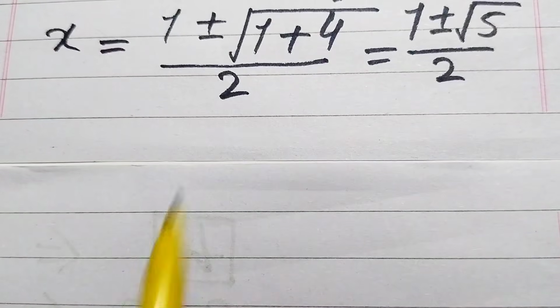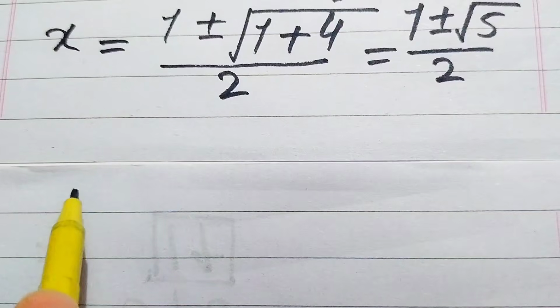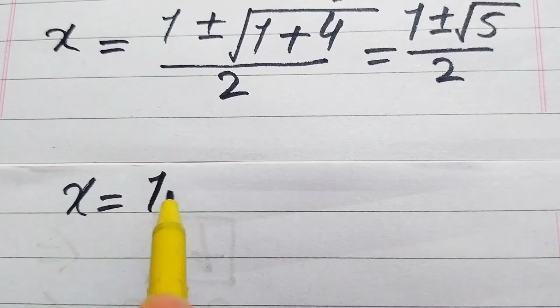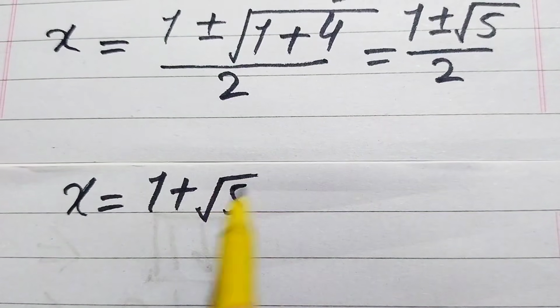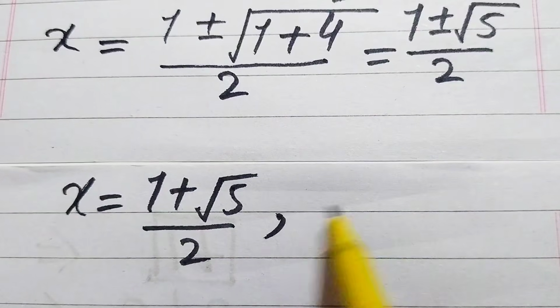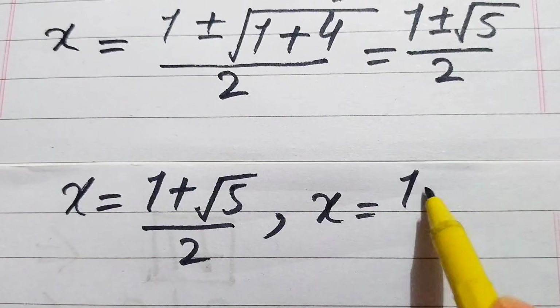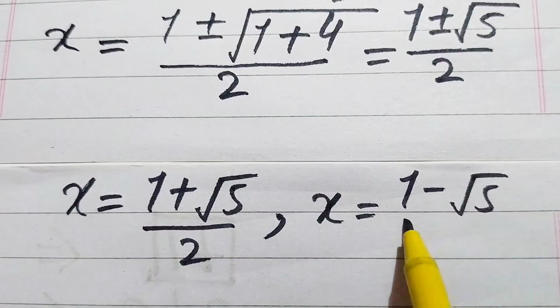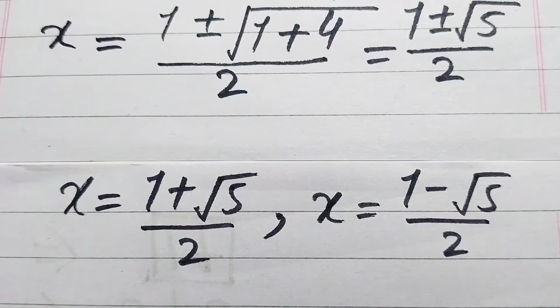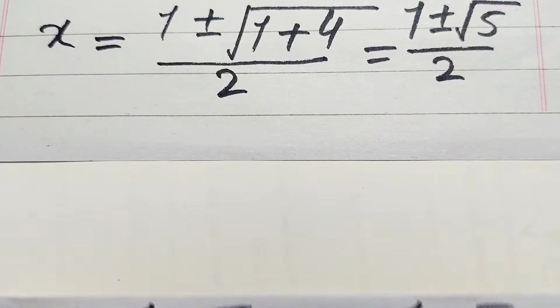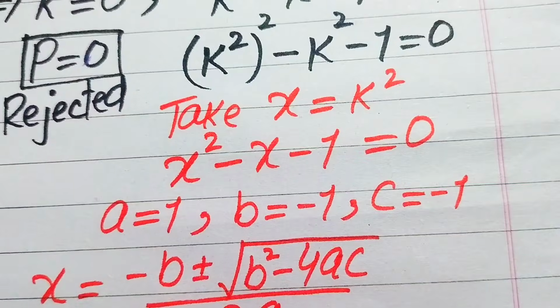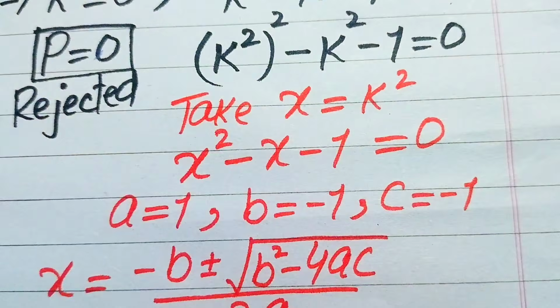So here we rewrite these two values: the value of x is equal to 1 plus square root of 5 divided by 2, and the second value of x is 1 minus square root of 5 divided by 2. If we move backward and substitute the value of x, you see that our x is equal to k square.